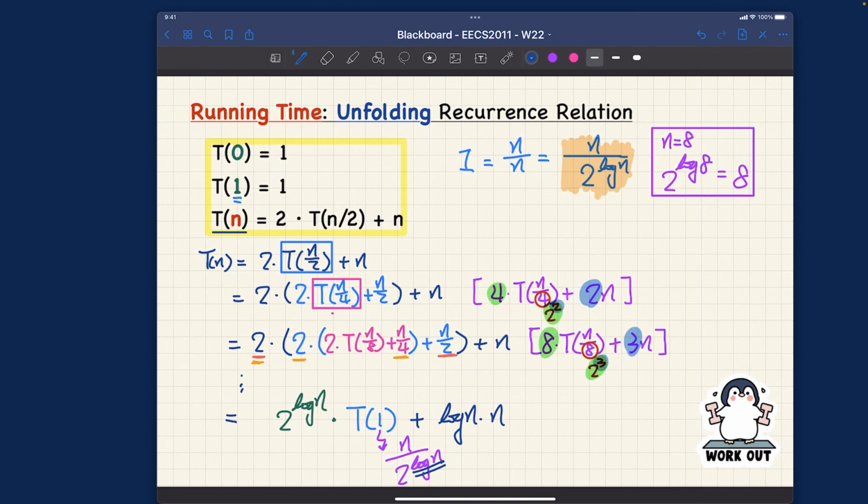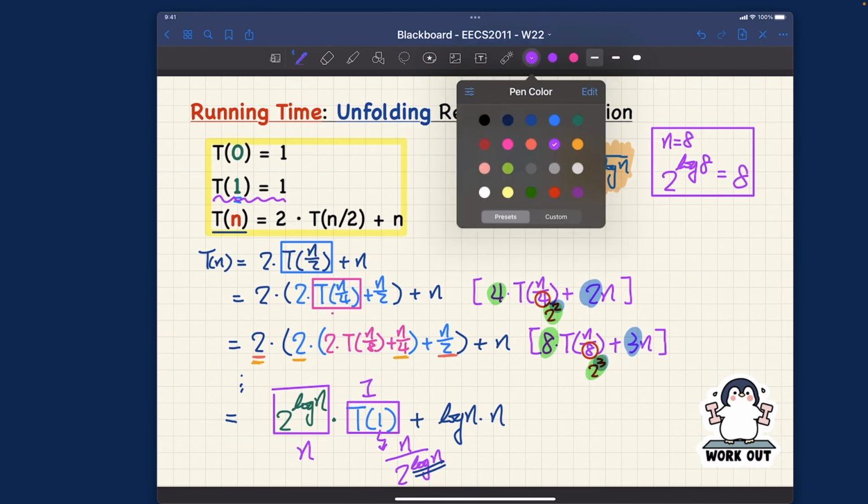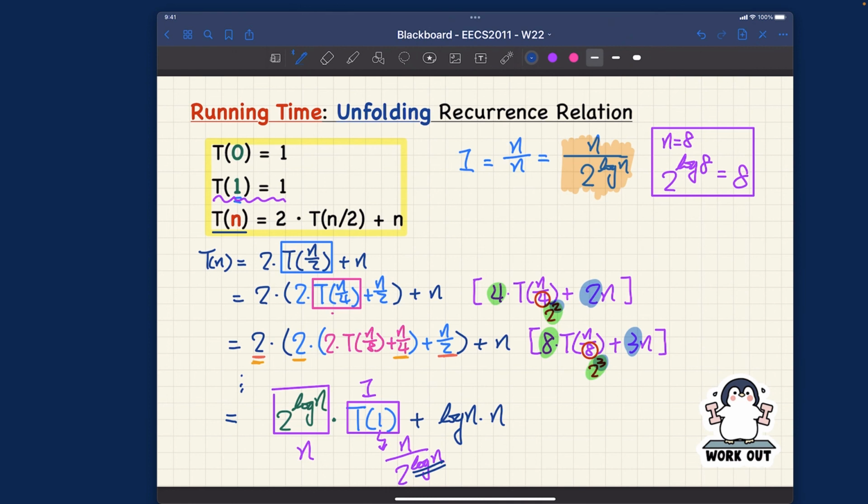Right? What's this part over here? 2 to the power of log n will be n. This part here should not be too surprising. So this part over here is simply n. Okay? And we know that t of 1, by definition, is 1. Right? Let's now do a final simplification, and then we should be done soon.